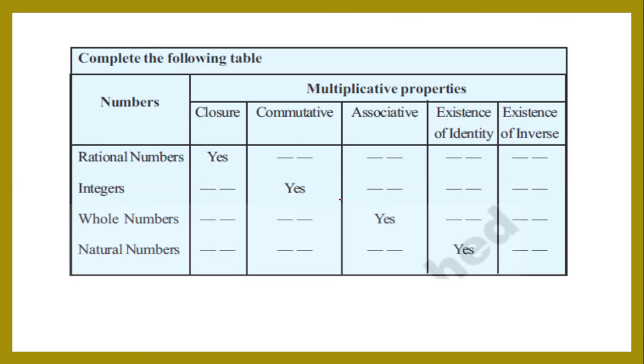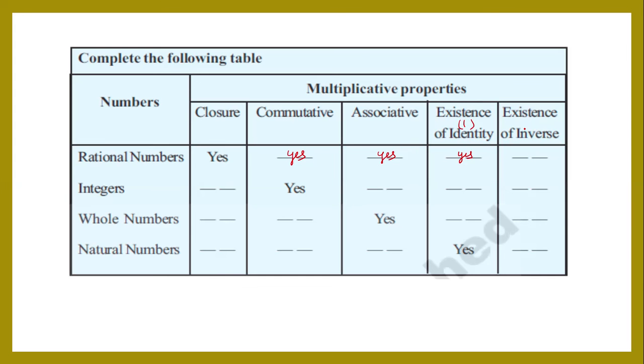That means rational numbers are closed under multiplication. Rational numbers are commutative under multiplication, so you write yes. And rational numbers are associative under multiplication, yes. Existence of identity here means the multiplicative identity, which is 1. The rational numbers have 1, so you write yes.